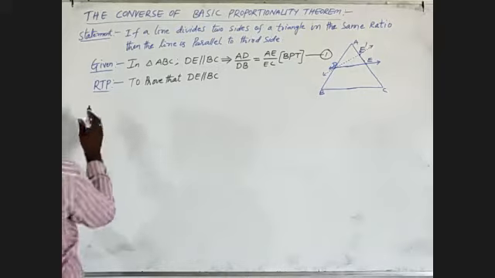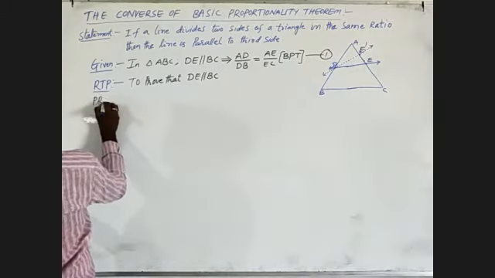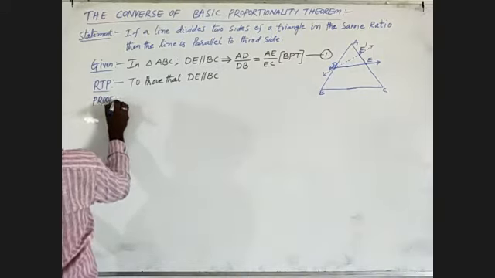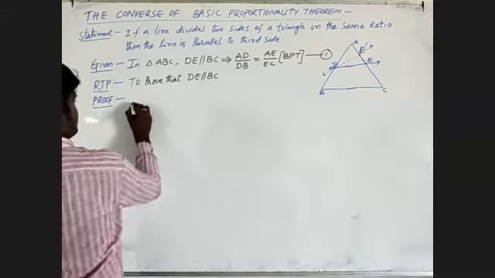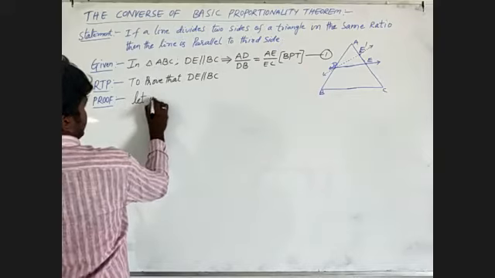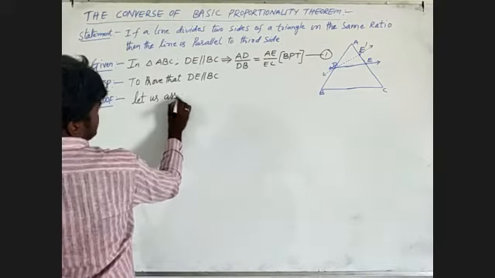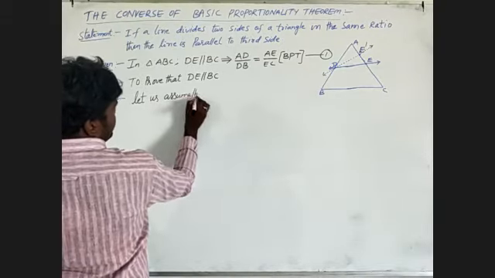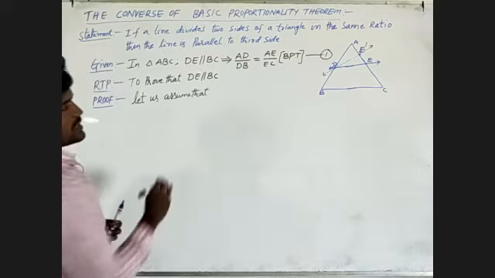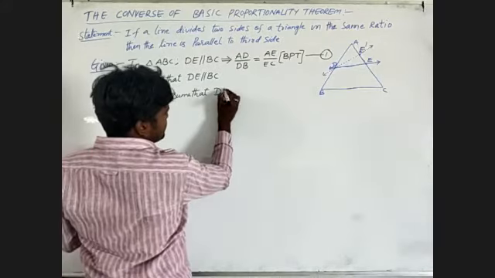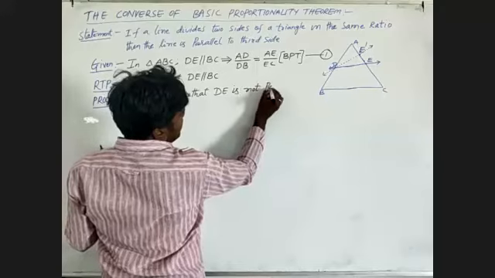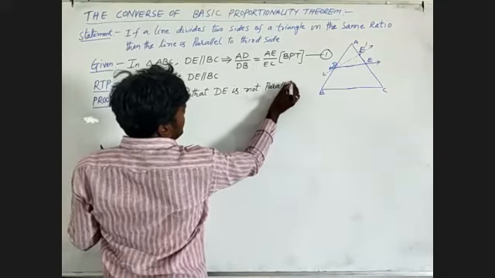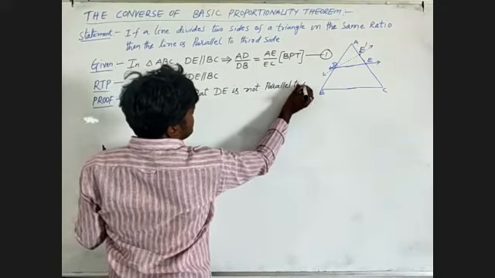What is the proof? Let us assume that DE is not parallel to BC.